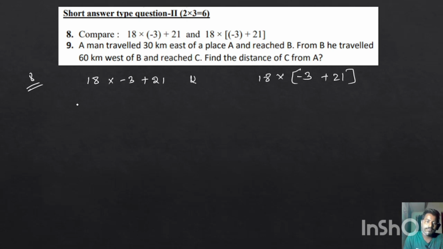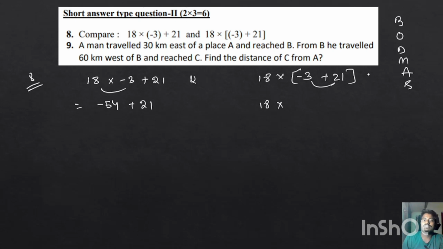First, here we solve. 18 times 3 is 54, then different sign means minus. In multiplication, different sign means minus. First we solve the bracket, because the rule is BODMAS: bracket, then of, then division, then multiplication, then addition, then subtraction.